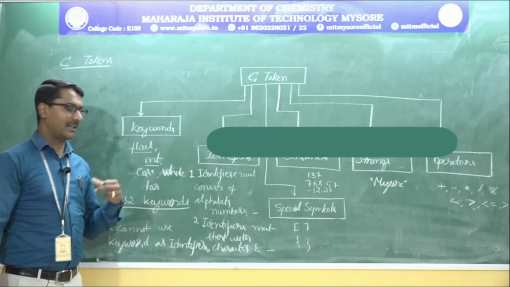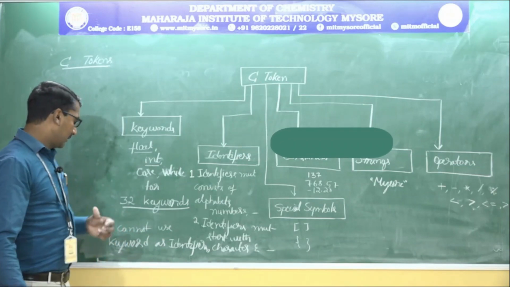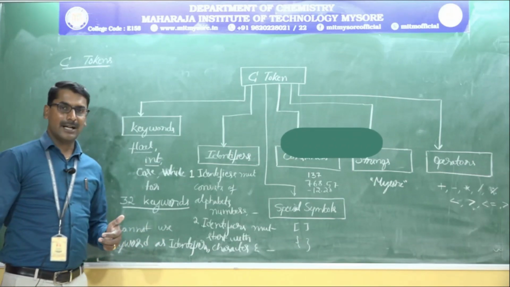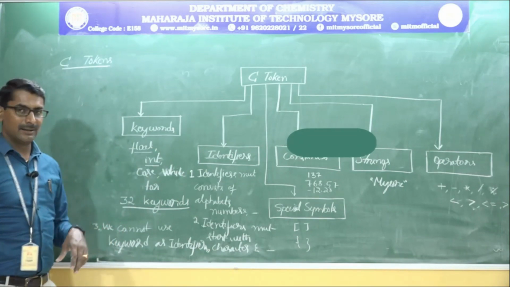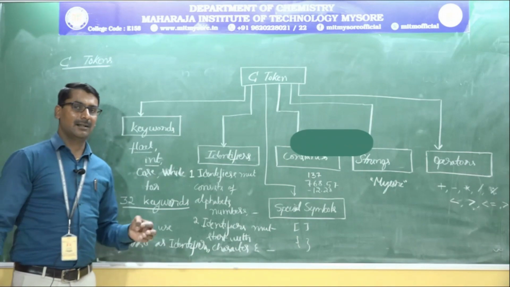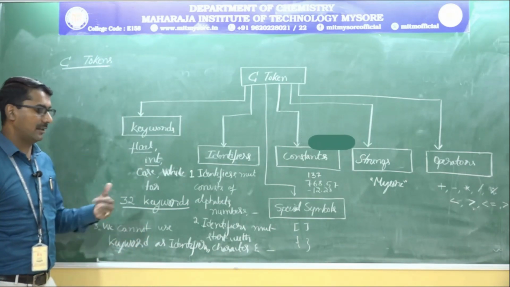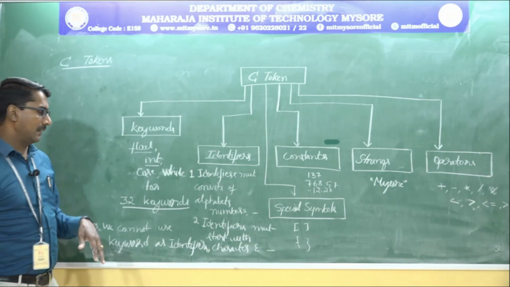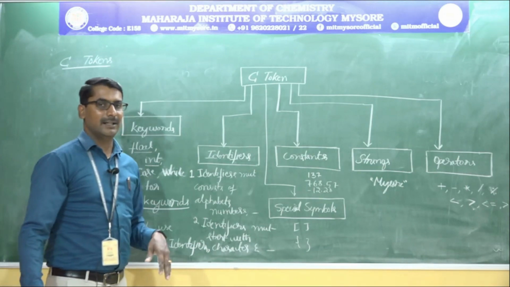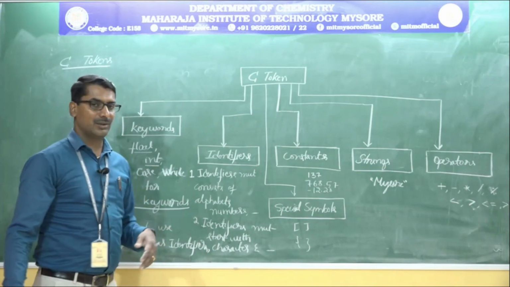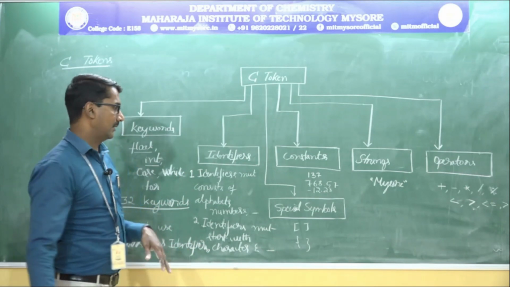We cannot use a keyword as an identifier. Capital letters are different from small letters. And the length of the identifier must be less than 31 characters.